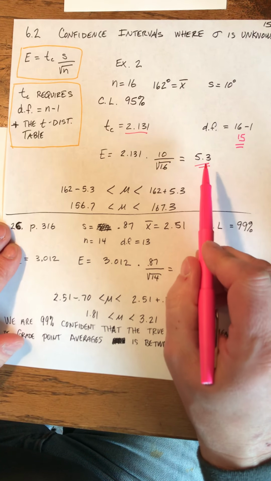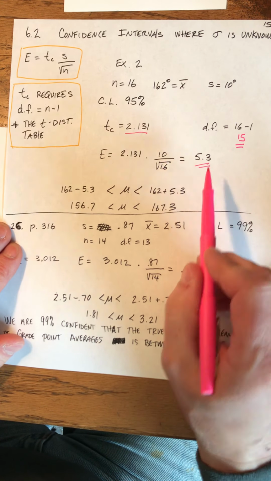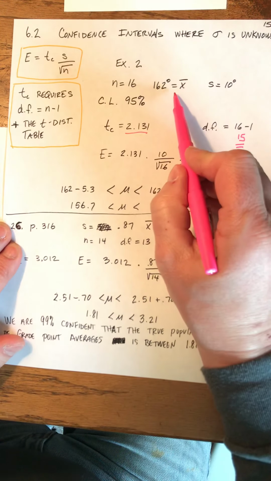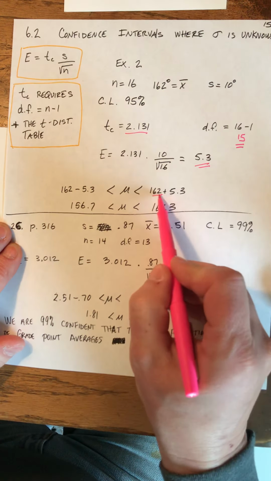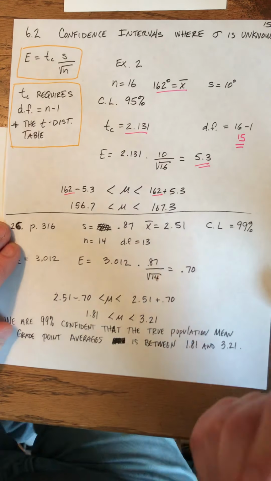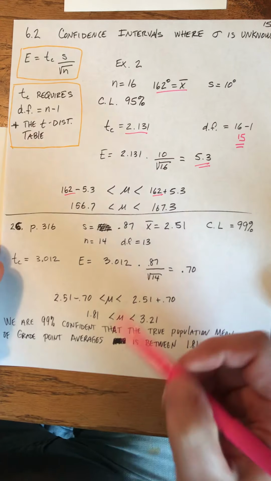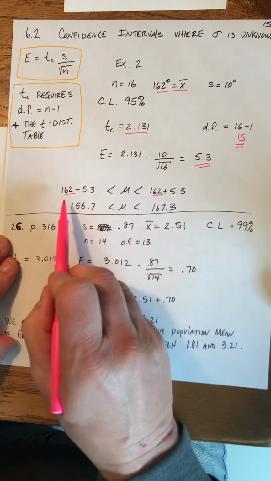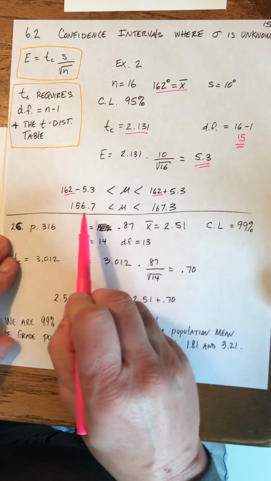Then I take 5.3 and I add it and subtract it, just like last section, onto the sample average. This is the sample average that they've given us, or sometimes we'll have to find it ourselves. If I add that 5.3 to 162 and also subtract it, I have an interval right here.